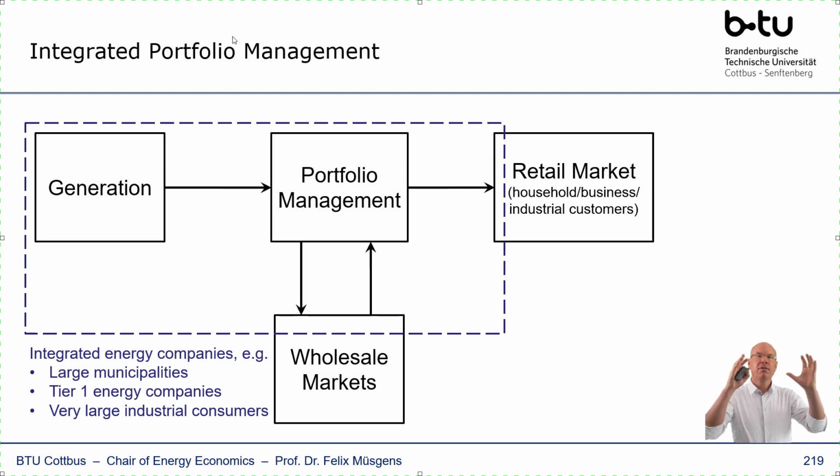So here the portfolio management is the center connecting retail clients, wholesale markets and generation assets. And essentially what needs to be done here is just to do all of what we said before in one integrated portfolio.